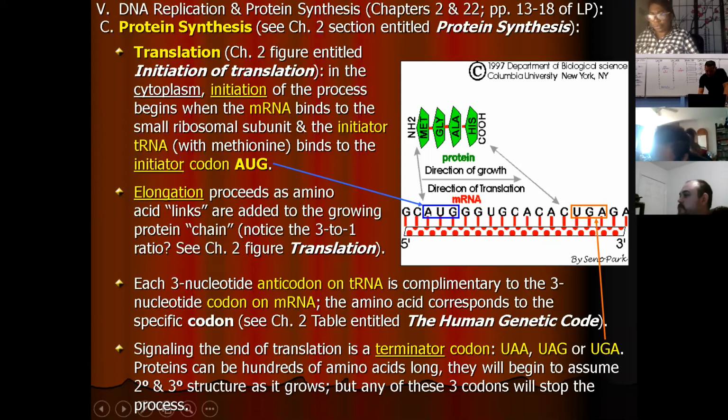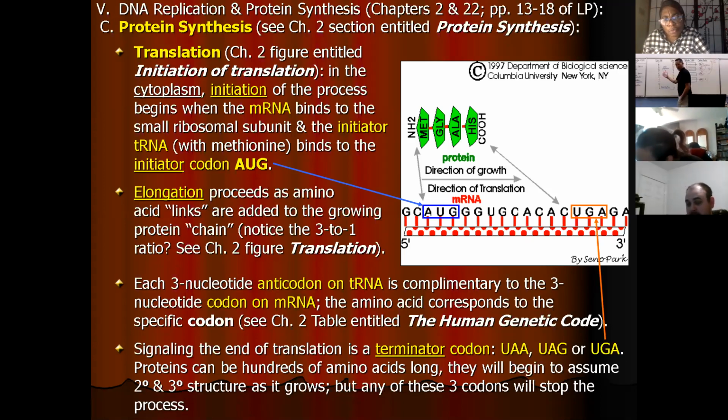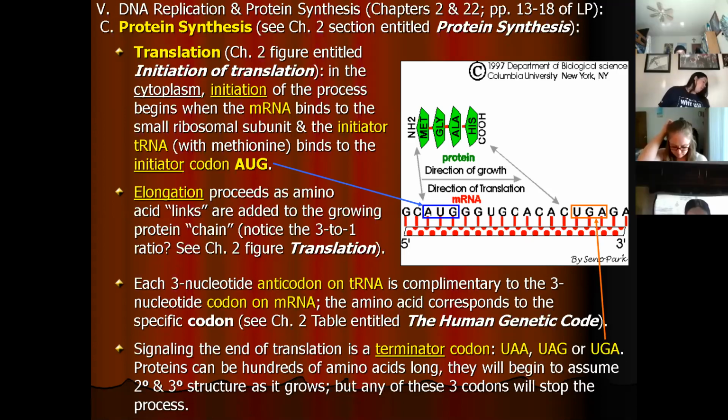Or it could be, and I'm just doing this on the fly, ATC. And I can't see the last one because your pictures are in the way. Or it could be ACT. Any of those 3 on the DNA code will get you the terminator codons, UAA, UAG, or UGA.